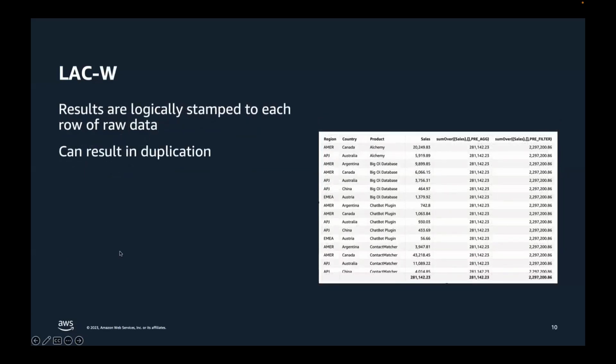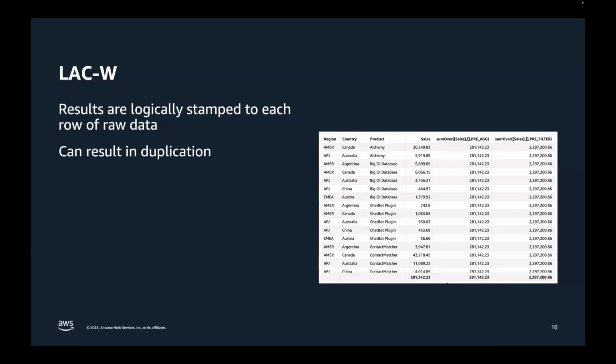For the LAC W window function, the results from those functions are logically stamped on all the underlying detail records. So you have to use the min aggregation function to ensure there isn't double counting happening.